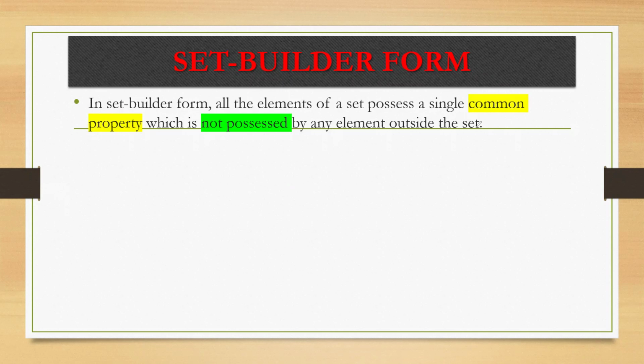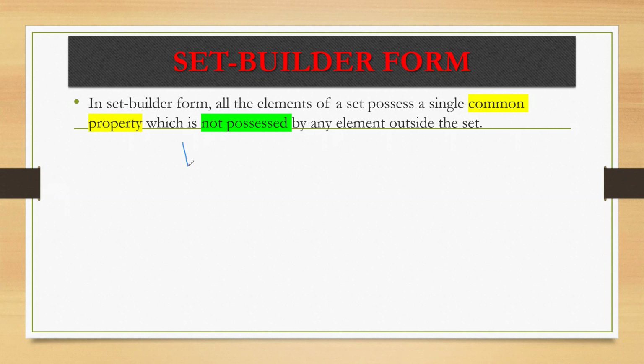That is, in order to write a set in set builder form, all elements of that set should possess a single common property which is not possessed by any element outside the set. Clear?